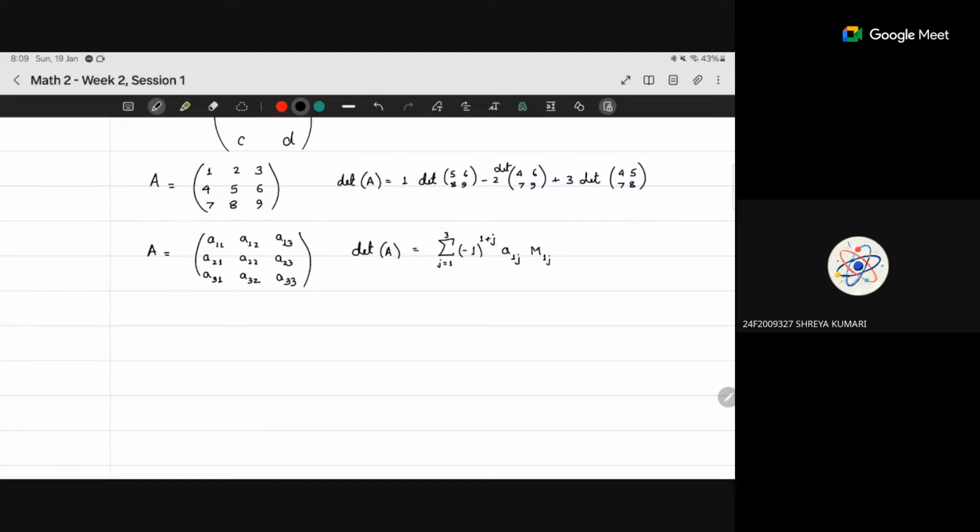This is a formula that has been covered in week 1, and everyone understands what this summation is.